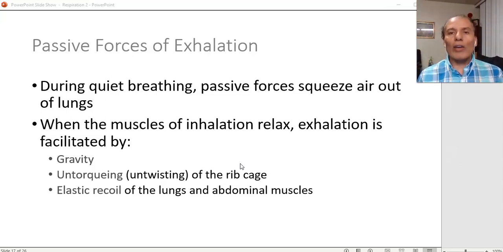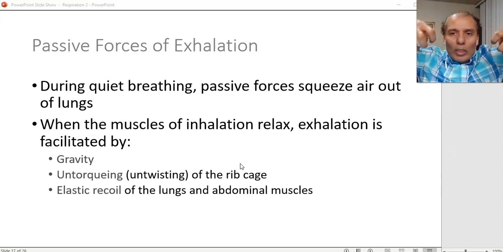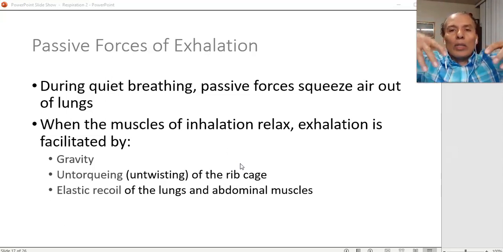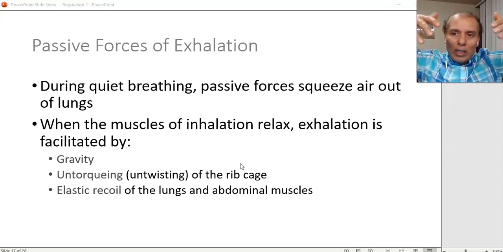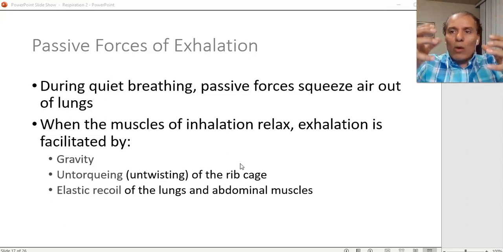So the first thing, gravity. We have lifted up the thorax. The thorax is bone, cartilage, and muscle covering the thorax, so it is a very heavy structure. These muscles that are holding it and lifting it up to expand the thorax, once they relax, gravity will pull the thorax down.